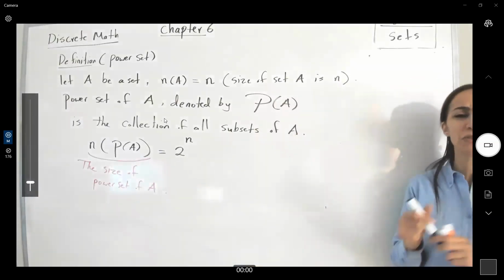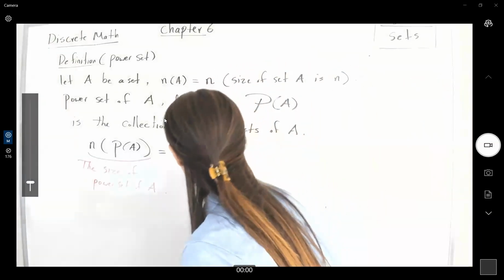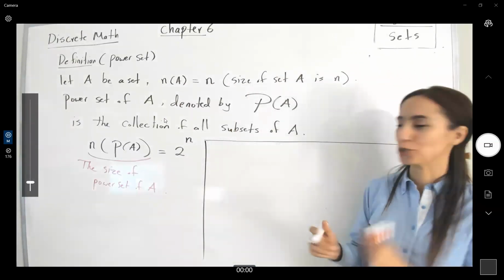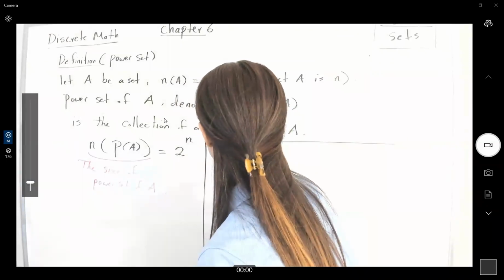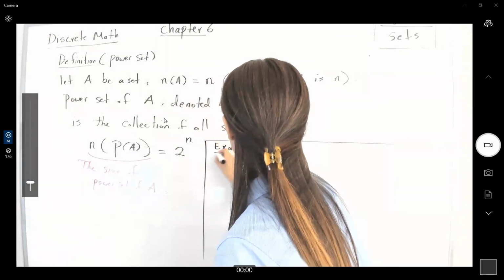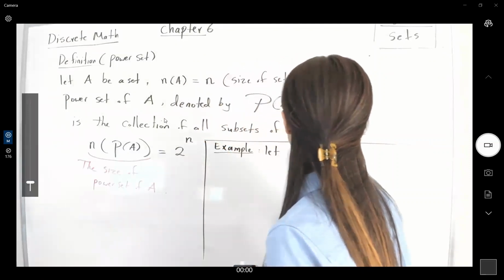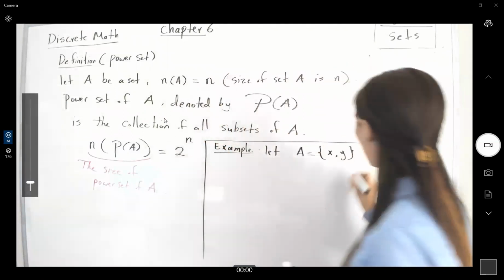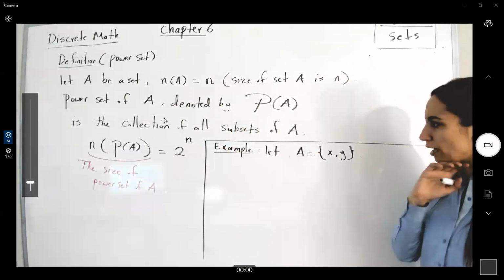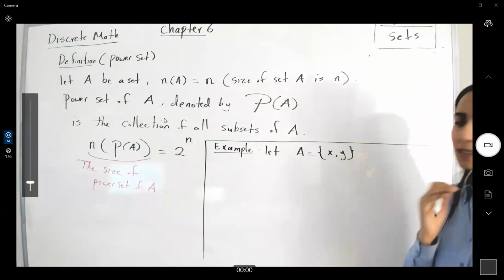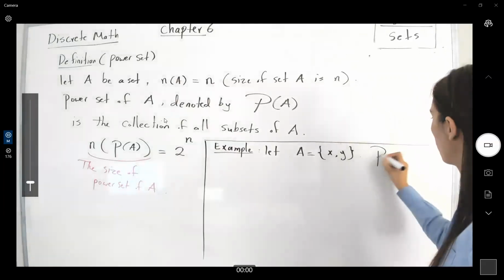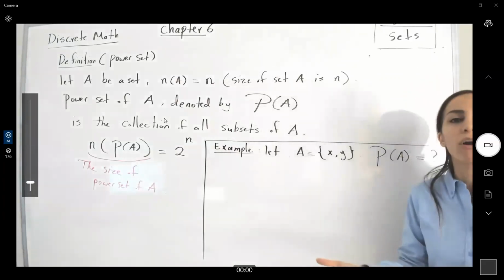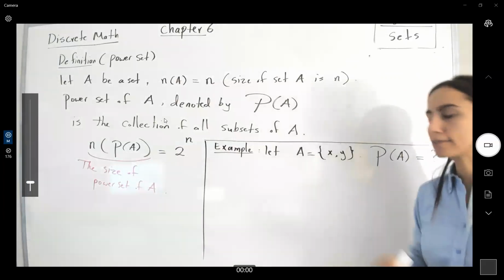For example, suppose you have a set with cardinality 2. Example: let A be a set including X and Y. Okay. What is the power set of A? What is P of A? What are the subsets of this set?